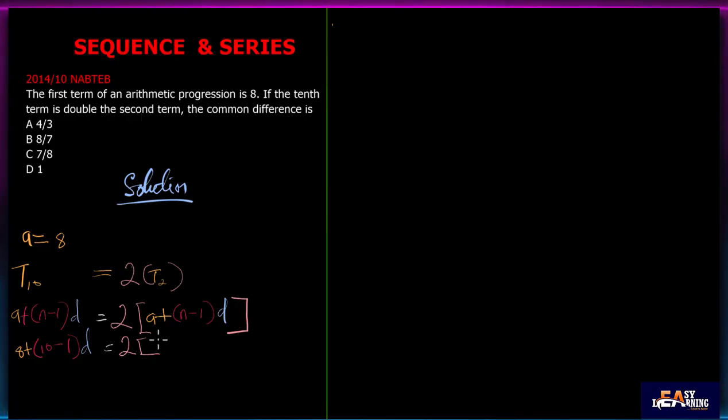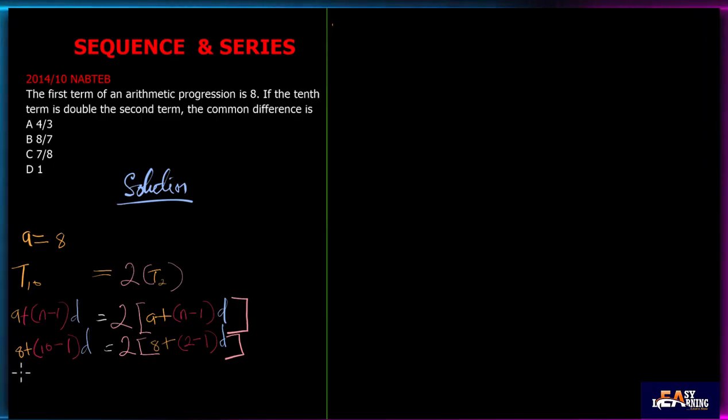Now where we have a, we bring in 8 plus. For this other part, n here will be 2 because it was the second term, so it will become 2 minus 1 times d, and everything in the square bracket, we cover it up. All right, so we proceed.